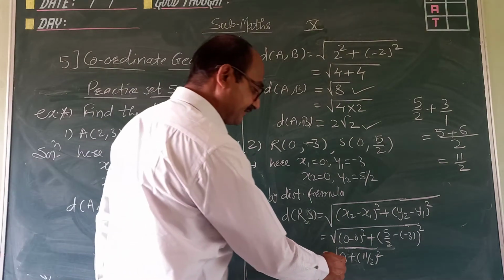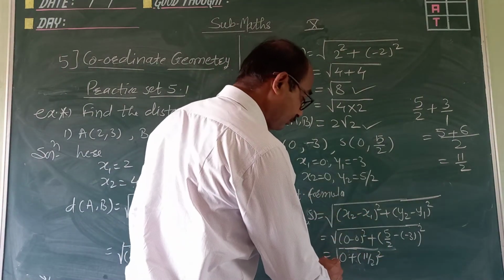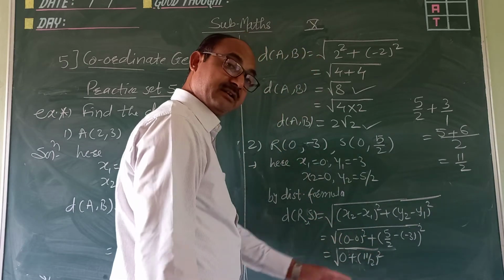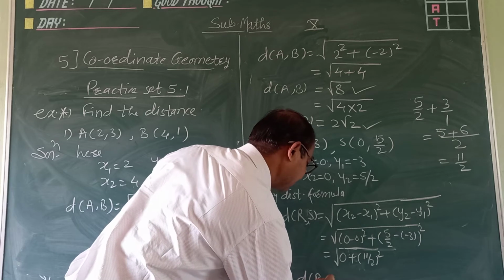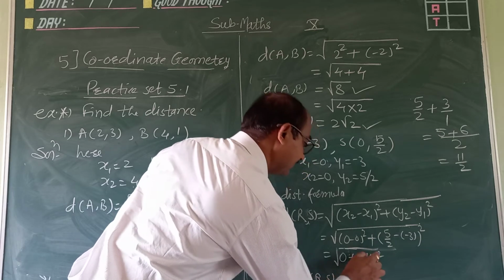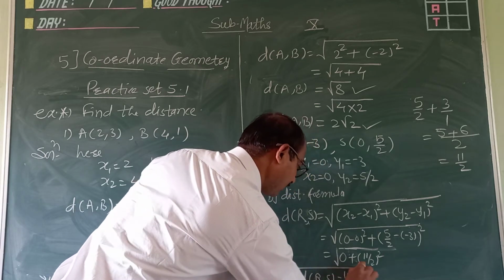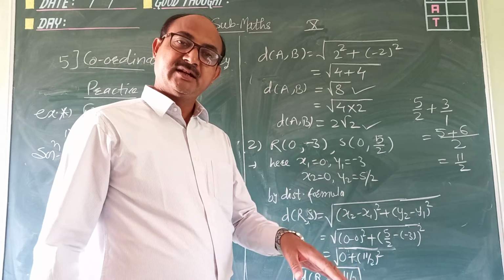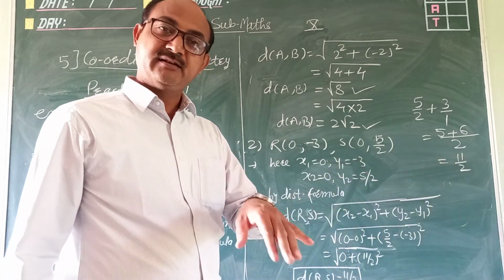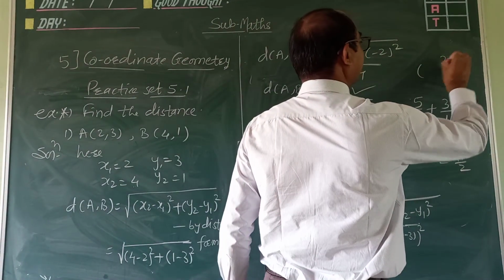Okay, so now see, this 0 plus means 0. If you have not taken it, no problem. So root and square, then this 2 is cancelled. So distance RS means this square and this root is removed. So what remains? 11 upon 2. This is the answer, because the square and the root of the square are cancelled.